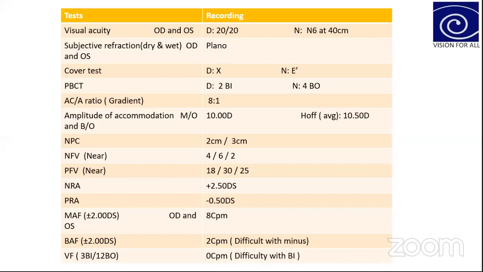So binocularly the patient has difficulty with the minus lens, and vergence facility has difficulty with base in, which is 0 cycles per minute. The patient could not make any single vision at once.